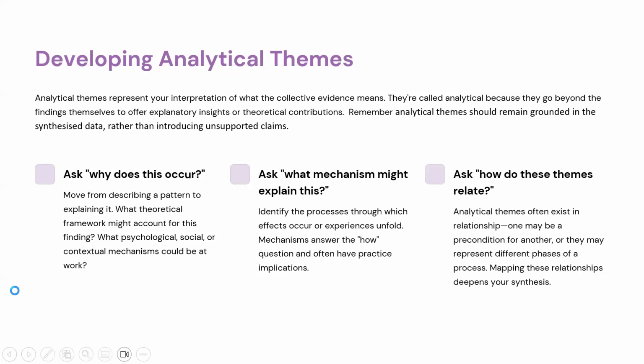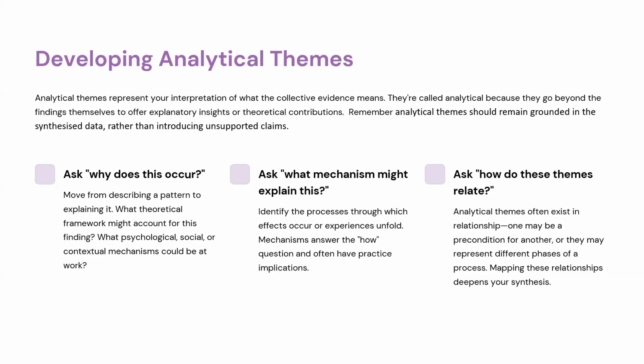And finally, we're also asking the question, how do these themes relate? So analytical themes often exist in relationship. One may be a precondition for another, or they may represent different phases of a process. So mapping these relationships deepens your synthesis. And when you put all of them together, we're asking the why behind a particular set of behaviors or a particular mindset.